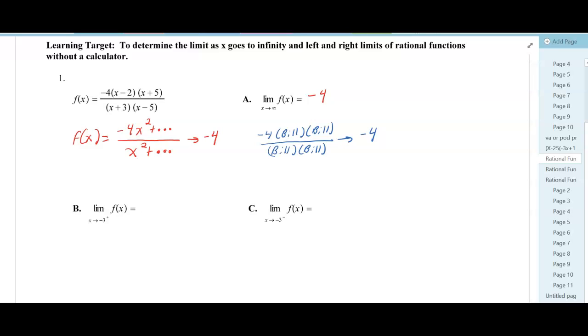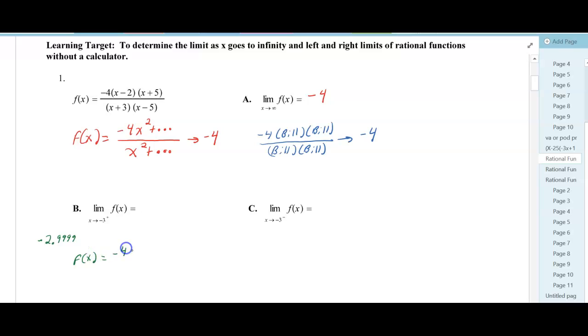Part B, the limit as x approaches negative 3 from the right. That little plus sign there means from the right. So you're plugging in negative 2.9999, a number close to negative 3 but a little bit to the right. So what happens to f of x?